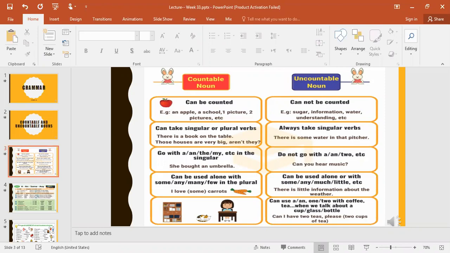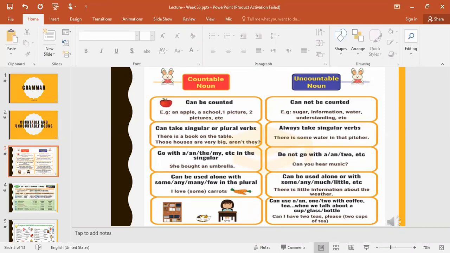So in this case, I am able to count them. I am able to count these nouns. Okay? Countable nouns can be counted. As we said, we use a, we use an, we use numbers like 1, 2, and so on.